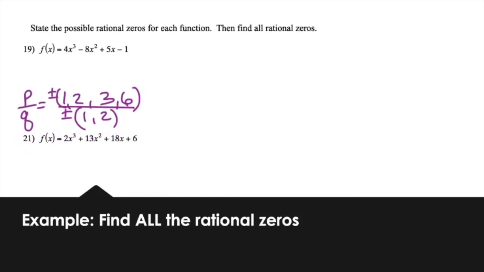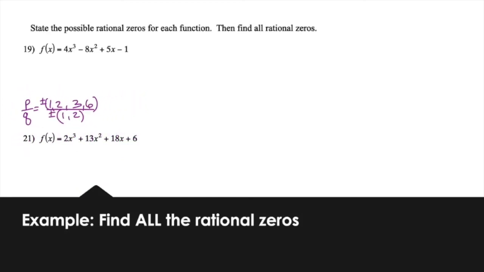So the possibilities are 1 over 1, 1 over 2. 1 and 1/2. And 2 over 1 and 2 over 2. 2 over 1 is just 2. But 2 over 2 is 1, and we've already listed it. So now 3, we have 3 over 1 and 3 over 2.